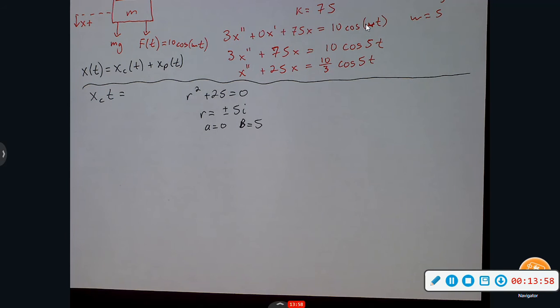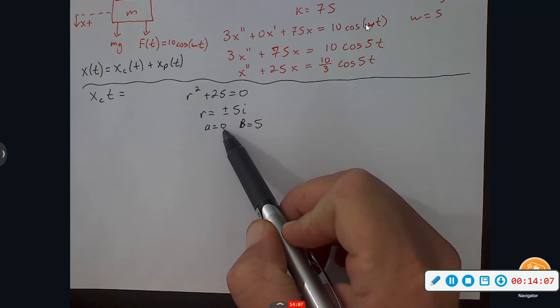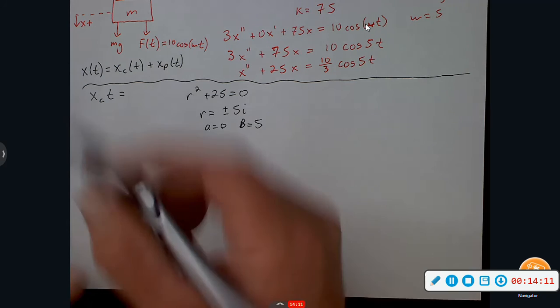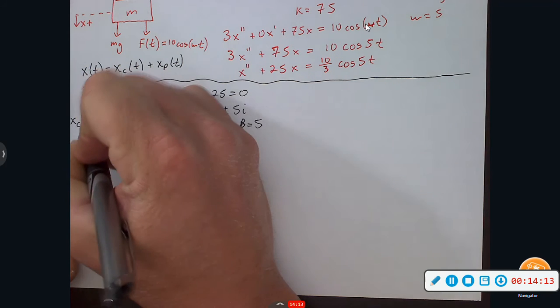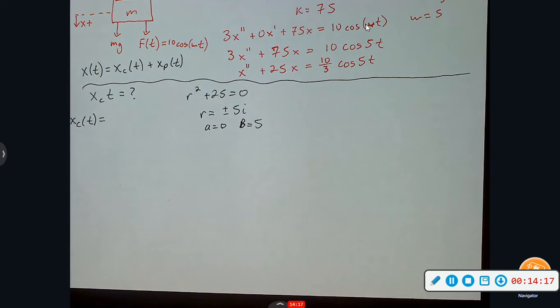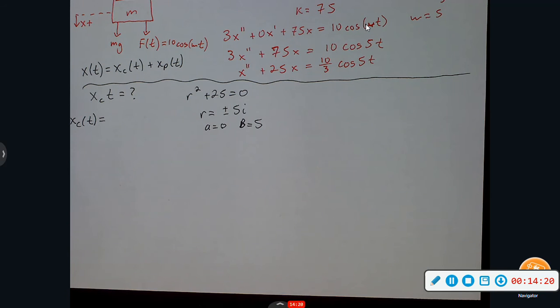All right, so xc of t, that's what we're defining now. Well, it is case 3. e to the 0, this is going to go away, so I'm not going to write that. Look up case 3 again, it's in the previous notes. But here it is. I guess I'll put a question mark since I really didn't define it there. What do we have?